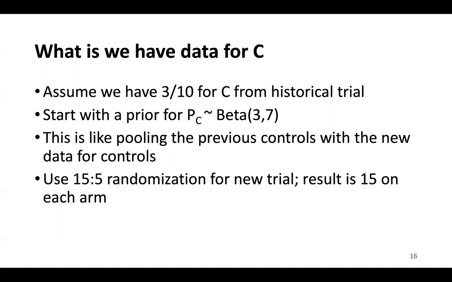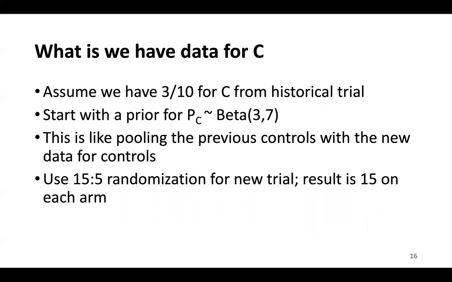This is that 30% rate. Under this circumstance, it would seem overly confident to say we know the rate is 30%, for example. But what we're going to do is a Bayesian analysis where we include that data, those 3 successes and 7 failures, in the trial.